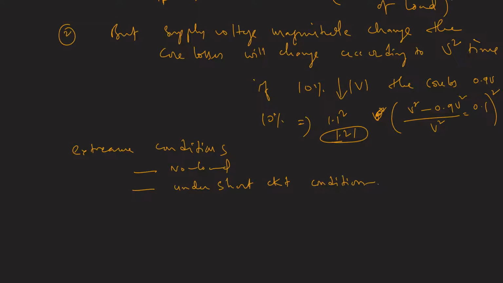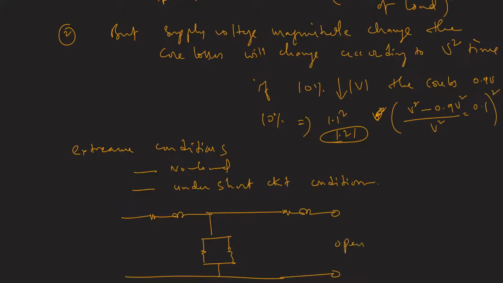Under no load condition, see the transformer equivalent circuit: the secondary is open, and there is no I2 dash or I2 current.